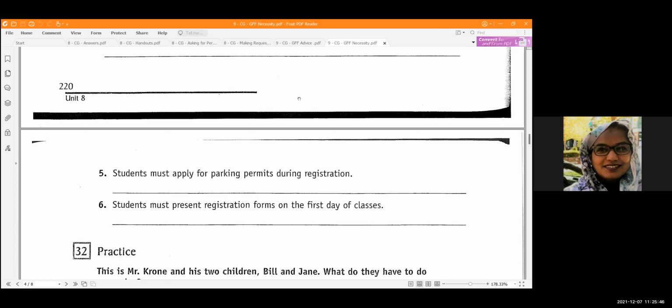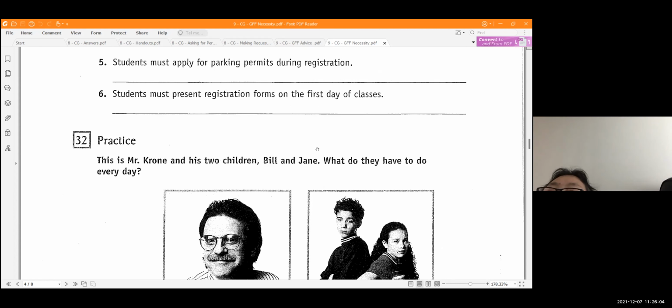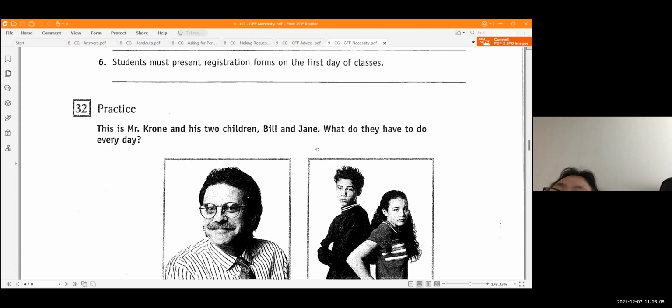Students must present registration form on the first day of classes. Students have to present registration form on the first day of classes. Yes, we finished.